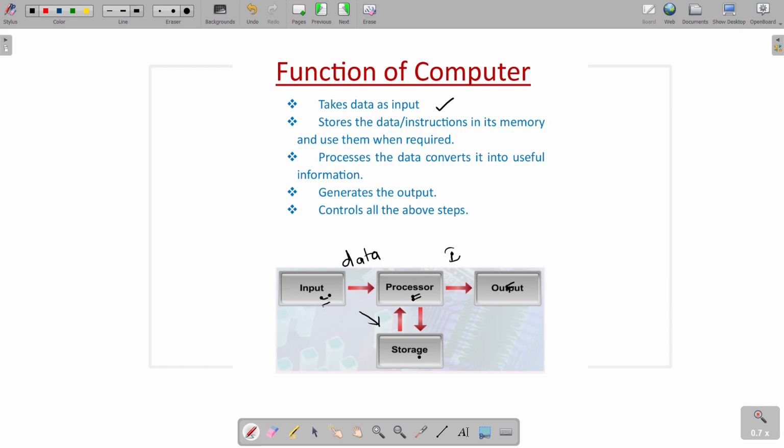And next it generates the output, and all these four steps should be controlled. That is also a function of the computer. Not only taking input, processing, and output, it has to control all the steps. One after another should be executed properly. That control can also be done by the computer. So these are the functions of the computer.